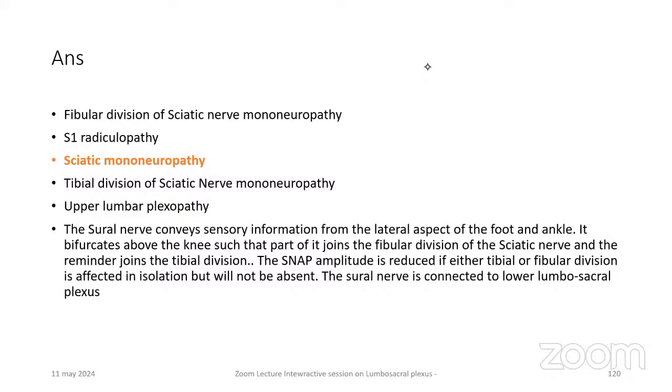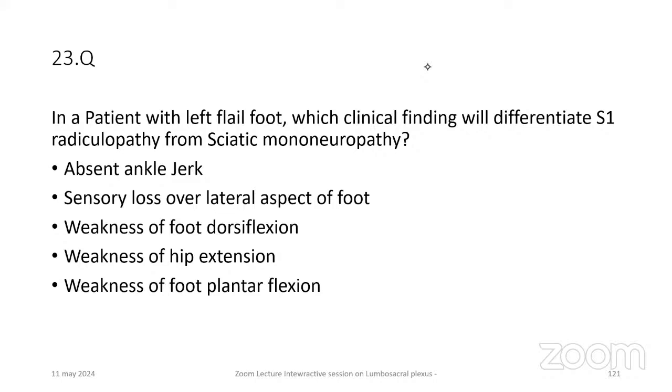Thank you. Right. So, in a patient with a left flail foot, which clinical finding will differentiate S1 radiculopathy from sciatic mononeuropathy? Absent ankle jerk, sensory loss of the lateral aspect of the foot, weakness of foot dorsiflexion, weakness of hip extension, or weakness of foot plantar flexion.